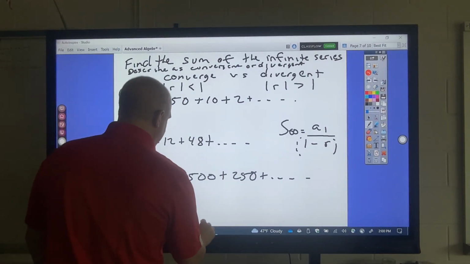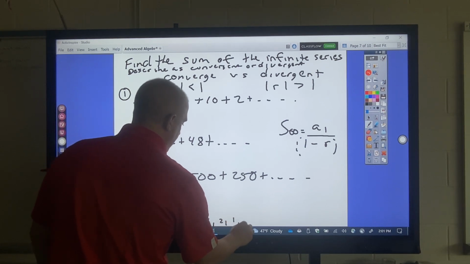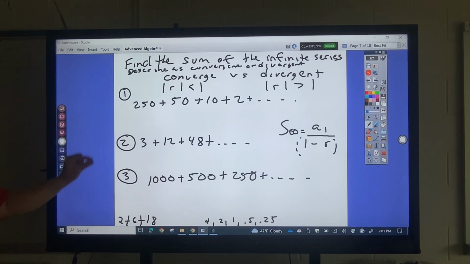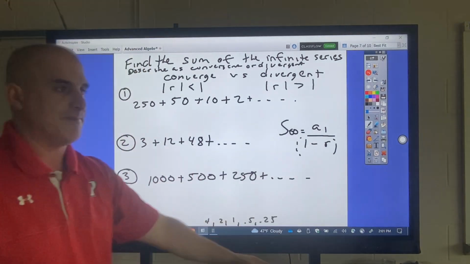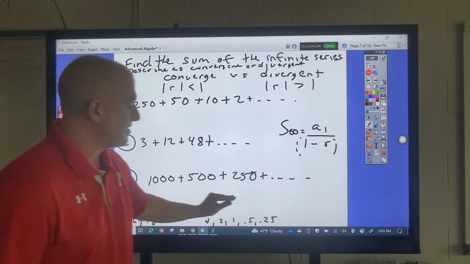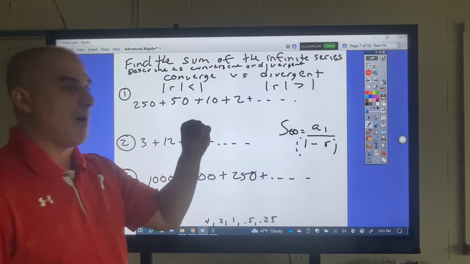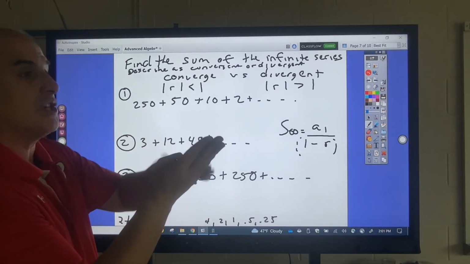But let's say I had something really simple: 4, 2, 1, 0.5, 0.25. You see the number gets smaller and smaller. That's the concept of a limit: when you take the limit as it goes on forever in the positive direction, it approaches a certain amount, or converges.